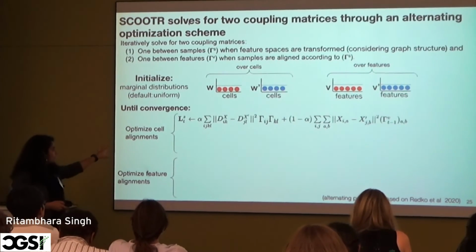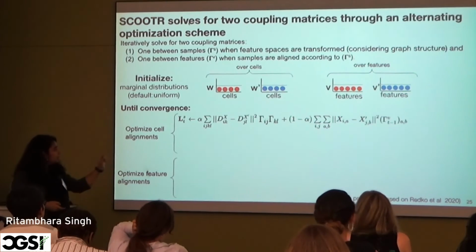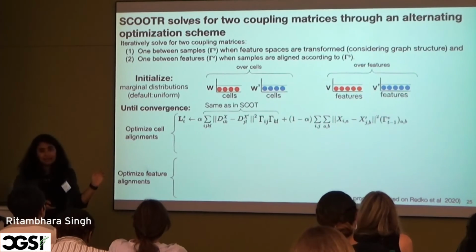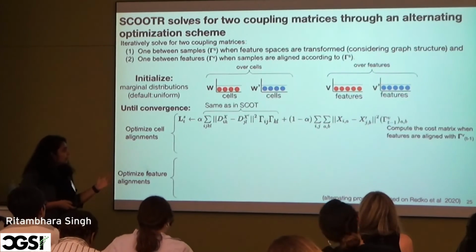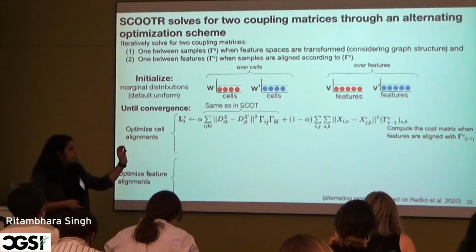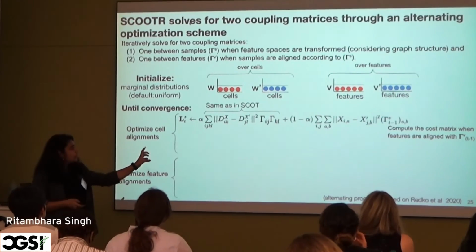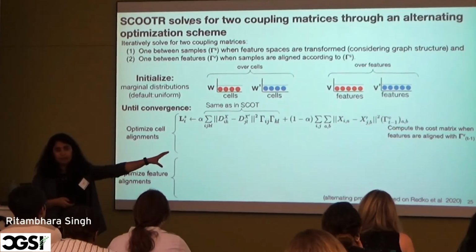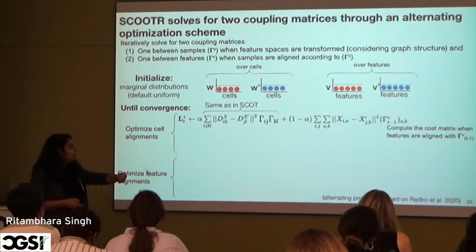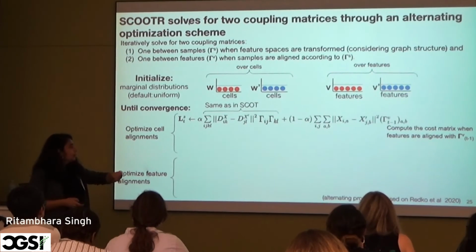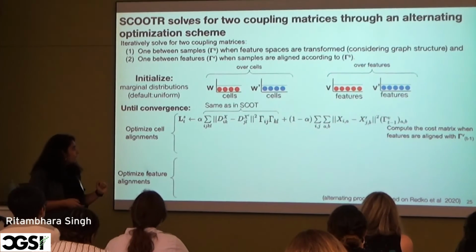If you look carefully, the cost matrix is being computed using two terms. The first term is exactly the same as what we saw in Scot. The second term is a cost matrix calculated when the features are aligned using the coupling matrix from the previous iteration. If we are starting from scratch, it's a uniformly distributed matrix, but as the iterations go on, we keep adding that information.